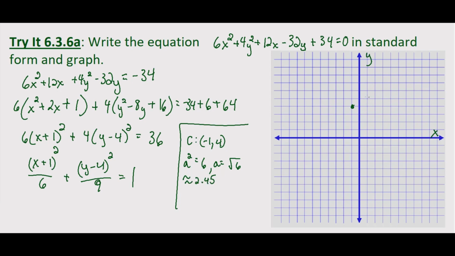So from our center, we're going to go 2.45 to the right and 2.45 to the left. So 1, 2, and almost half. 2.45. And again, those points are going to be negative 1 plus the square root of 6, 4, and negative 1 minus the square root of 6, 4.